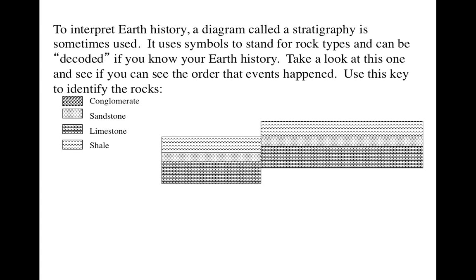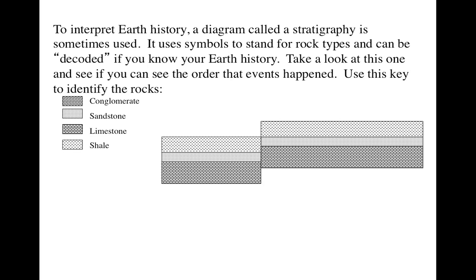To interpret Earth history, a diagram called a stratigraph is sometimes used. It uses symbols to stand for rock types and can be decoded if you know your Earth history. So the first thing you have to remember is that sedimentary layers are always laid down horizontally originally. It's called original horizontality.